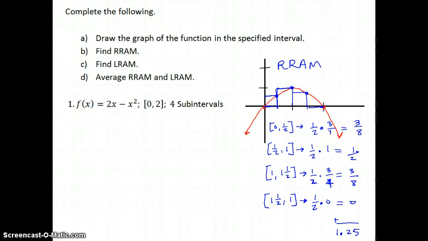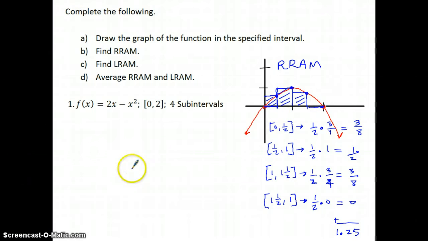Okay, so here I have RRAM, and remember that RRAM represents the right rectangle area method, so I've pulled up the right-hand corner of the rectangle to the graph, and I've found the area of each one of the rectangles.